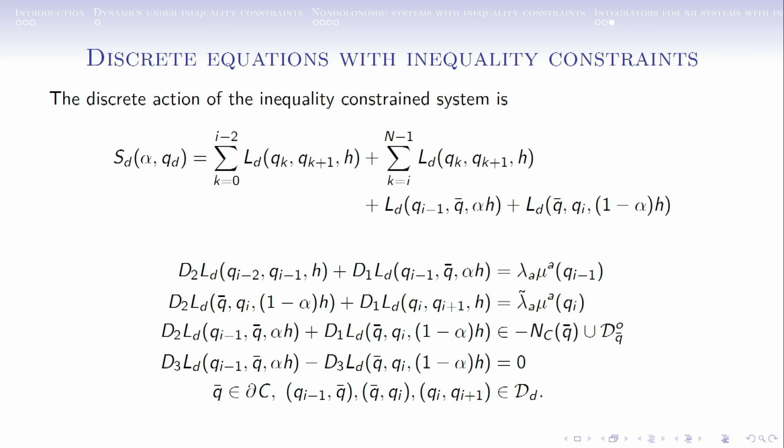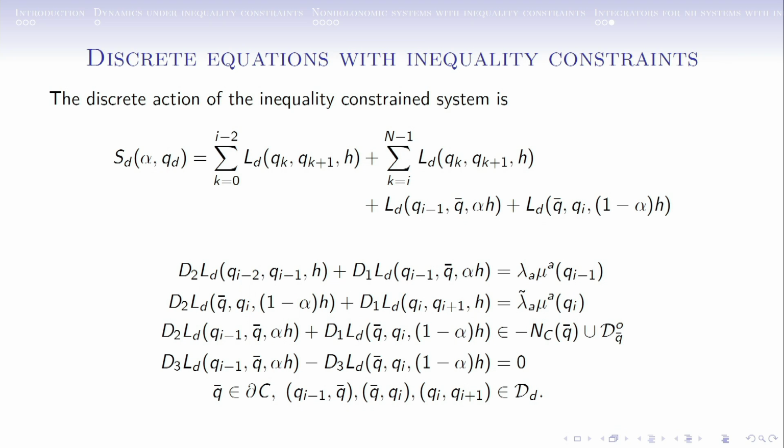So the first two equations basically give us discrete Lagrange-D'Alembert equations, what happens away from the impact points. And then we have impact equations, 4 impact equations.